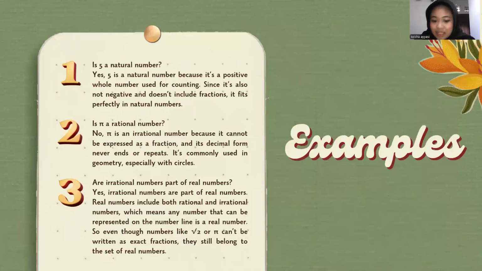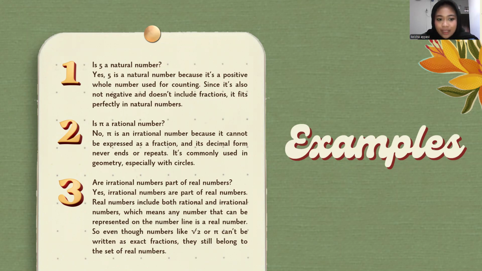Let's look at some examples to better understand these types. First, is 5 a natural number? The answer is yes. 5 is a natural number because it's a positive whole number used for counting. Since it's also not negative and doesn't include a fraction, it fits perfectly in natural numbers.